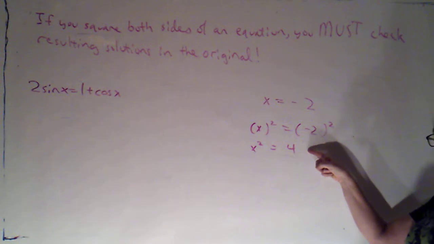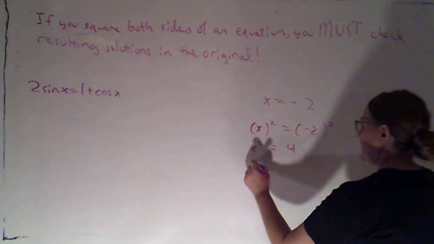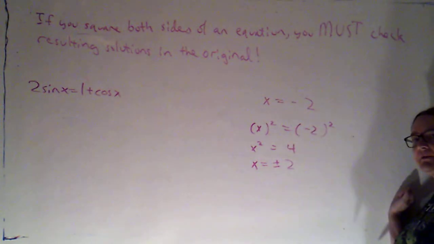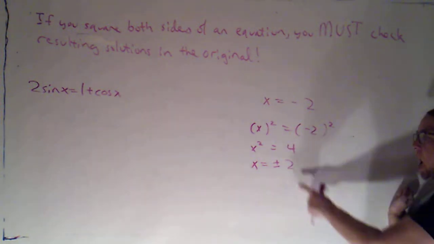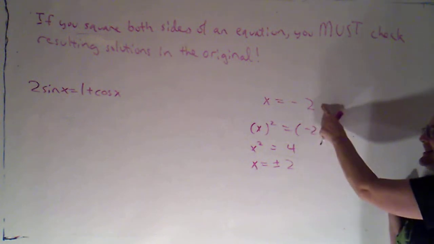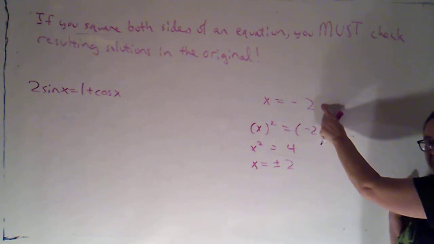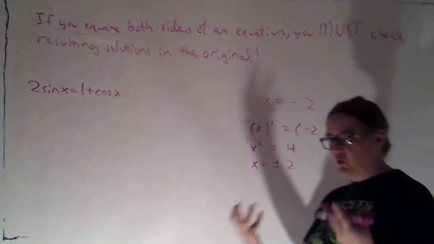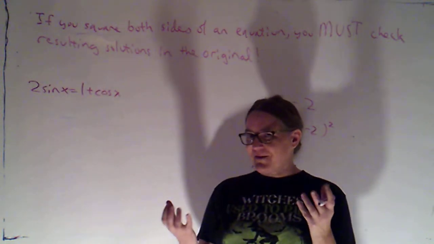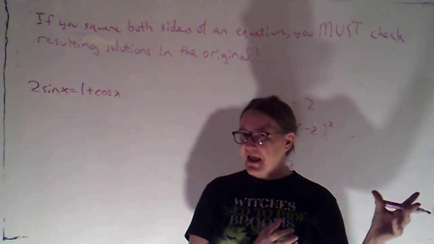But if I now go to solve this equation, it has two solutions. X would be plus or minus 2. Only one of the solutions to this equation is a solution to this equation. So sometimes when I square both sides of an equation, the problem is I lose any information I had about whether things were positive or negative.